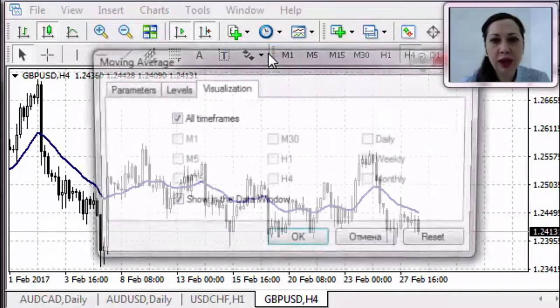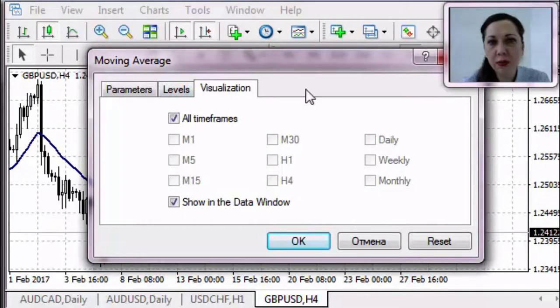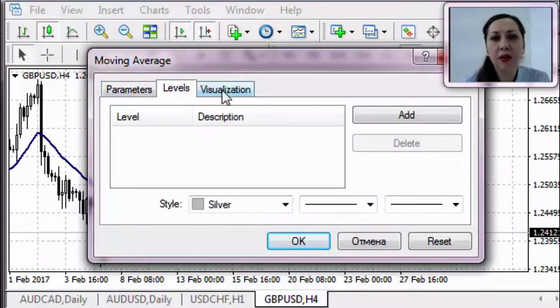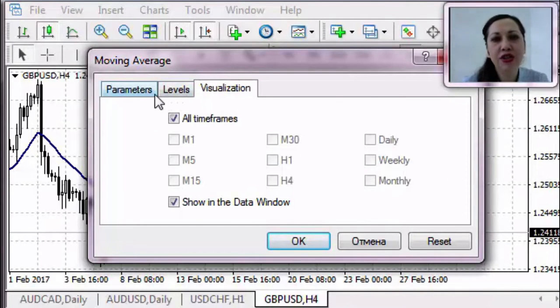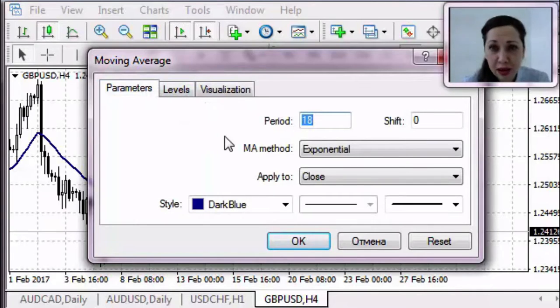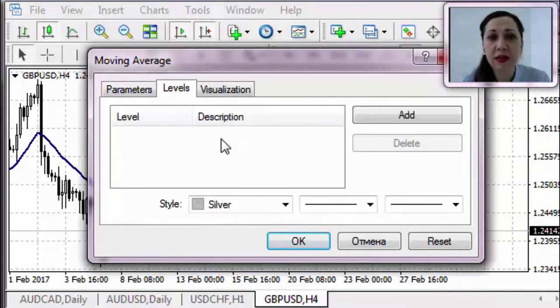All indicators have a properties window with settings: parameters, levels, visualization. Some indicators have parameters, some have levels, the others don't. Adjusting these settings depends on the trader. If he or she needs some additional levels, even in the classical way, they can insert them.